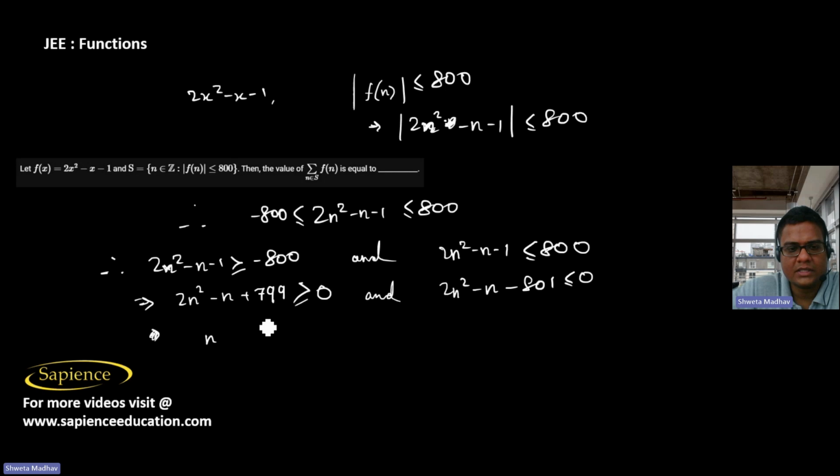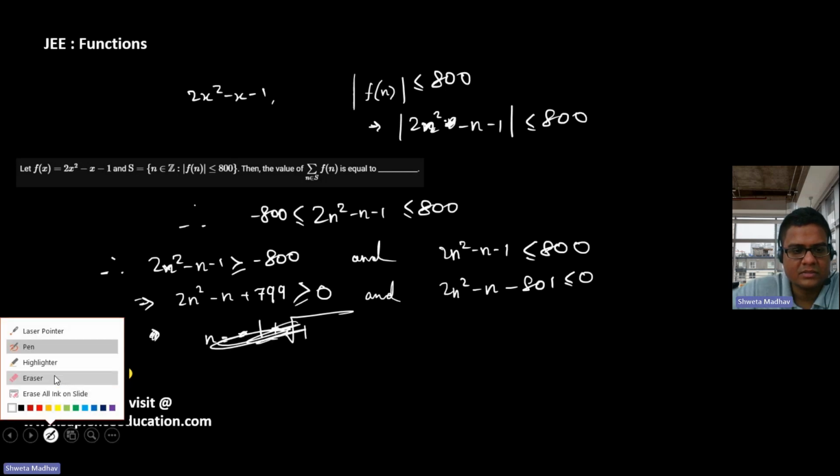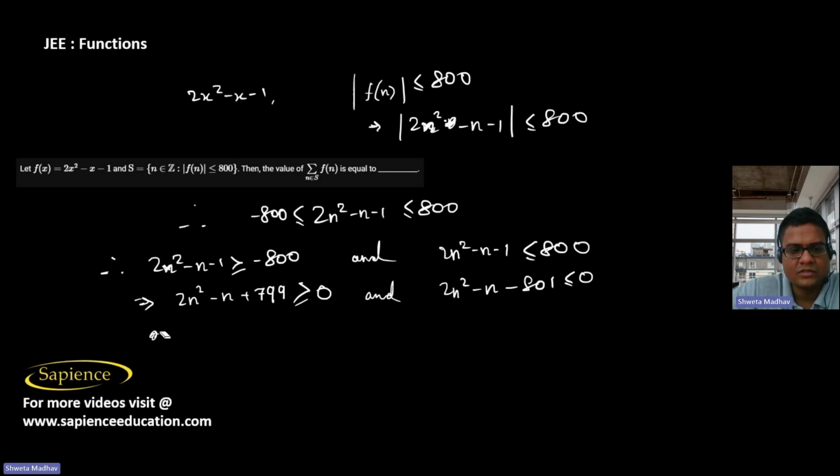So here if we solve this quadratic equation, then we will get n equal to minus b plus or minus square root of b square minus 4ac. So here the discriminant is negative. Your discriminant is coming negative. So this value will be always greater than 0 only, since we can write it in the form of a perfect square.